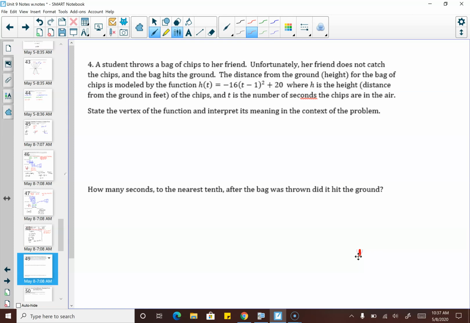So remember, our vertex here is going to be right 1 and up 20. Okay, the t minus 1 in parentheses tells us we go right 1. The plus 20 tells us we go up 20. All right, that negative 16 out in front does not help us too much right this second.